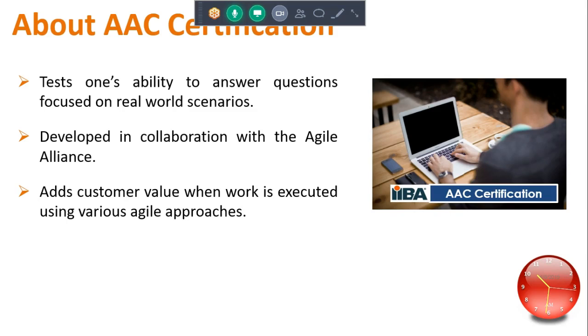So if you have an introductory BCS certificate, it's the equivalent of probably now an ECBA. I think initially they were talking about it being the equivalent of the CCBA. But they're trying to do that. So with the AAC, they've kind of aligned it with the Agile Alliance.